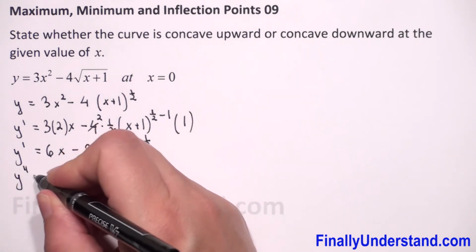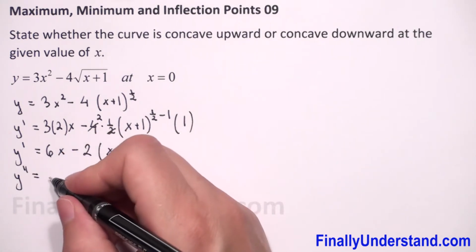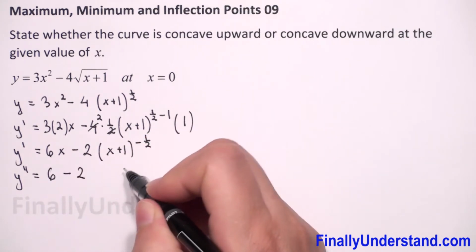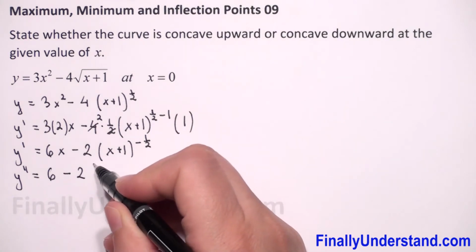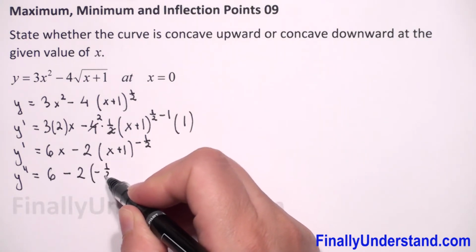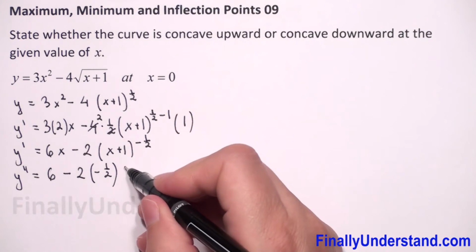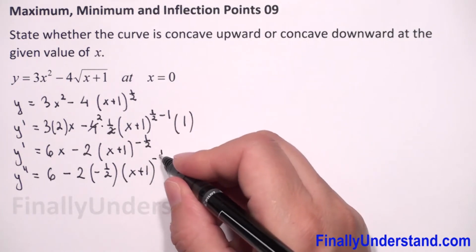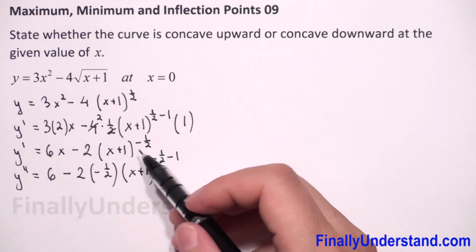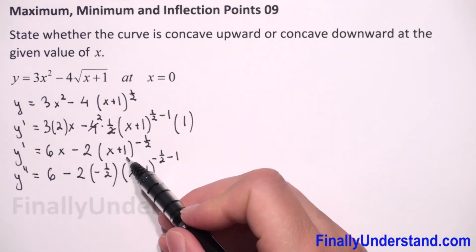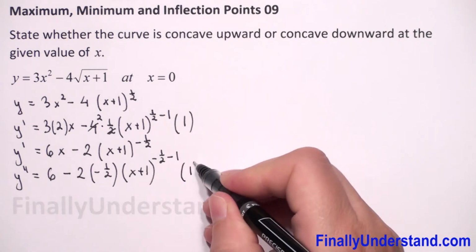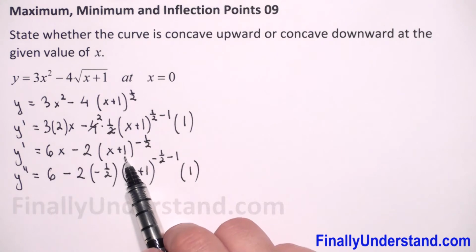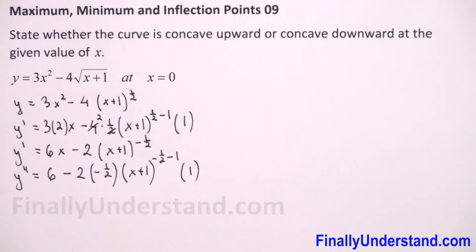So the second derivative is equal to the derivative of 6x, which is 6, minus, we have to copy the 2, and we have times negative 1 half times whatever we have in parentheses, and the power will be negative 1 half minus 1, and the derivative of the expression inside the parentheses is 1, because the derivative of x is 1 and the derivative of 1 is 0, so I don't have to put 0.